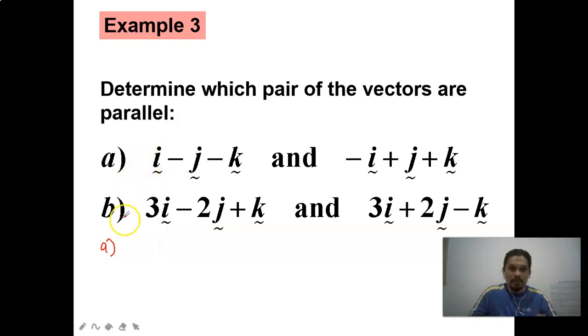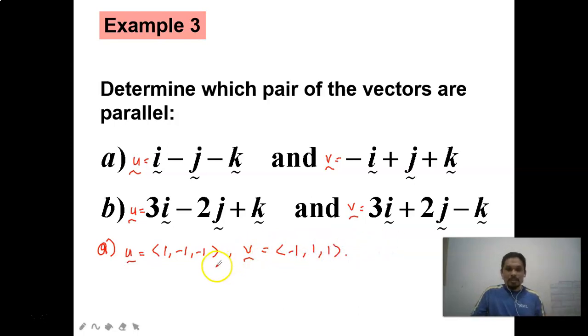Let's say I put this one as vector U, and this is V. U equals (1, negative 1, negative 1), and vector V equals (negative 1, 1, 1).